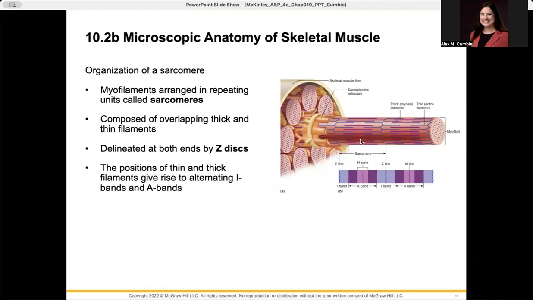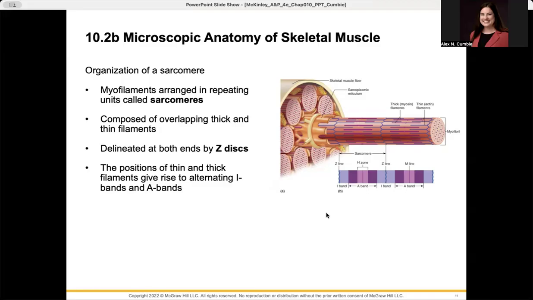So the thick ones kind of towards the center of this fiber, and then we have those thinner actin ones. These are kind of placed together in little square sections, okay, if you can kind of see this whole section here, where we have kind of naming of different zones as well, which we'll get into.